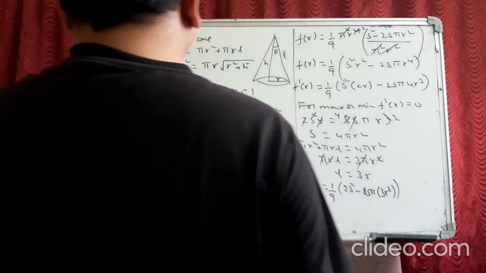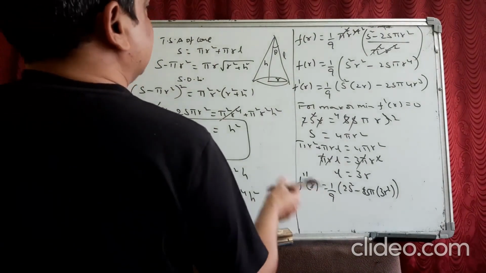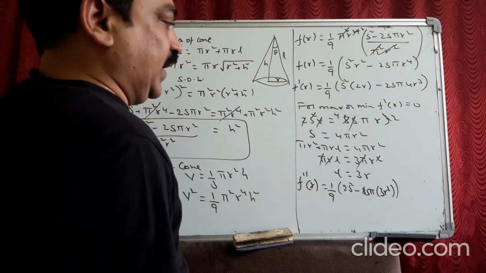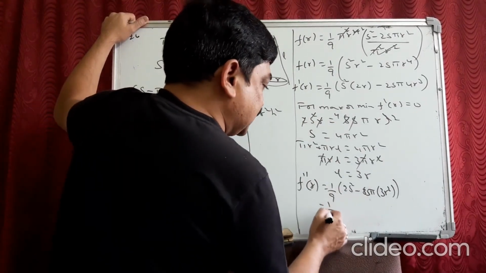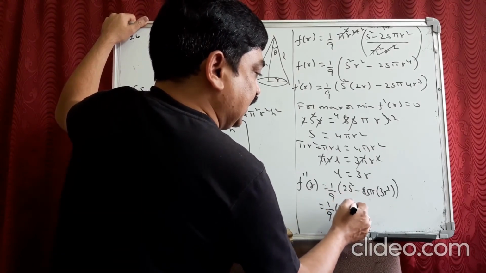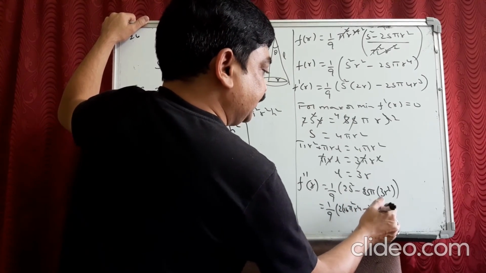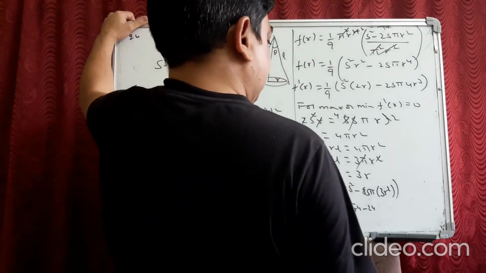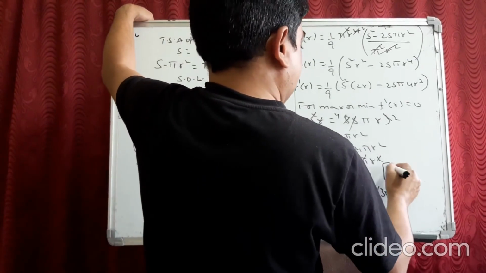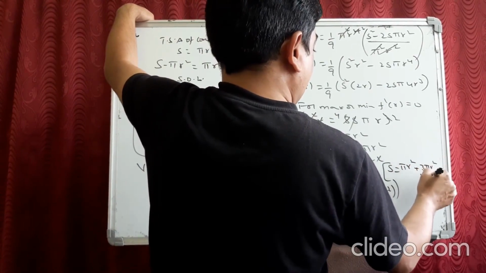When L is equal to 3r, find out what is the value of s. If I substitute 3r, it becomes 3 pi r square, 4 pi r square. S value is 4 pi r square. Now the whole thing becomes 16 pi square r power 4 minus 24... okay, we do here s equal to pi r square plus 3 pi r square, 4 pi r square.